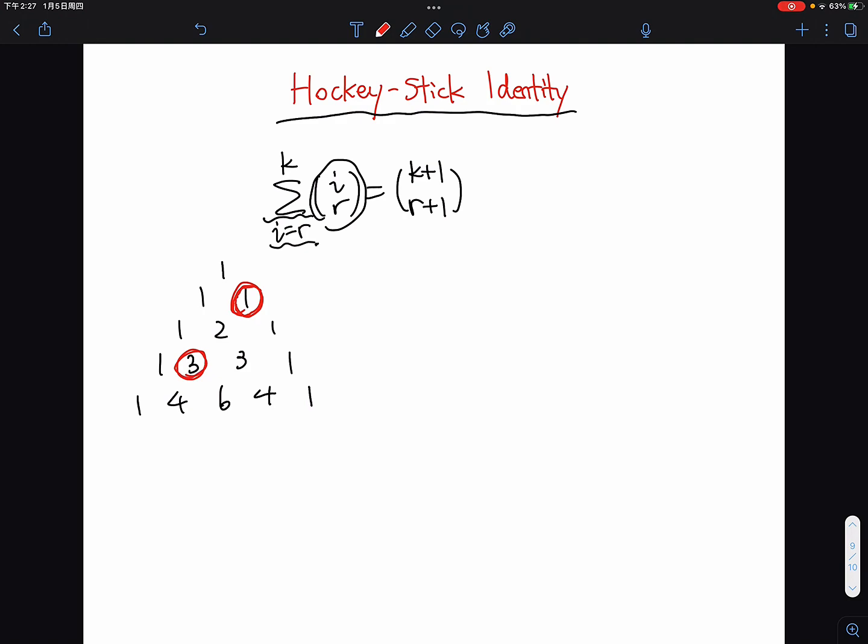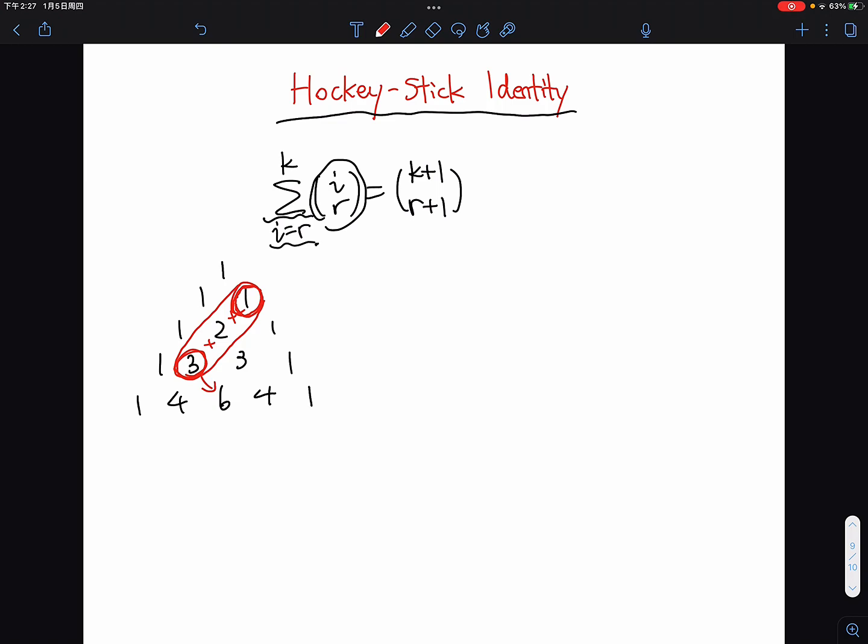I'm going to sum up all the numbers in this diagonal, and the sum will equal the next element down diagonally in the opposite direction, which is this number, right? And 1 plus 2 plus 3 is indeed 6.